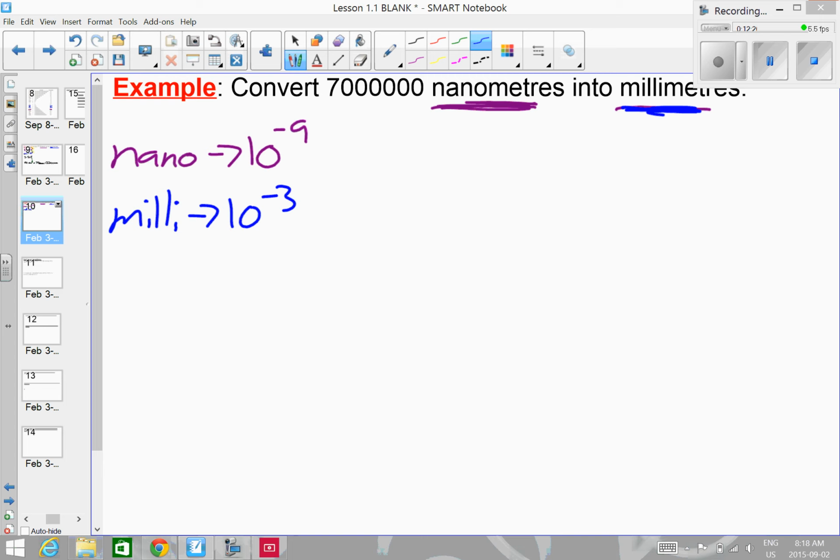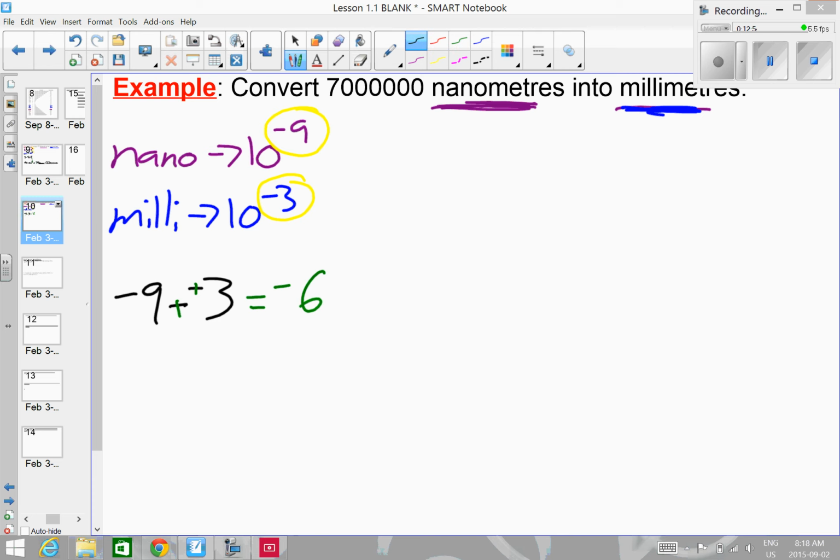Alright, step 3 was take this number and subtract this number. So we'll take our negative 9 and subtract negative 3. So remember, we said that when you're subtracting a negative, that's the same as adding the opposite. So negative 9 plus positive 3, that's just negative 6.